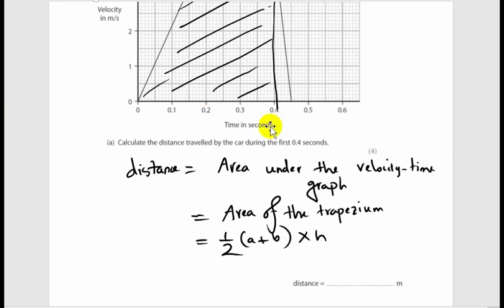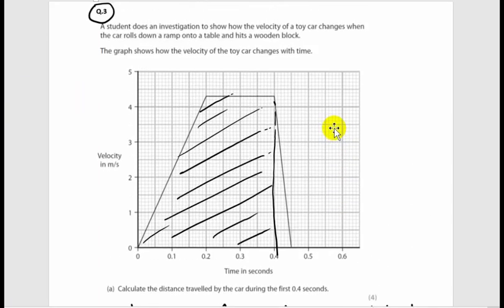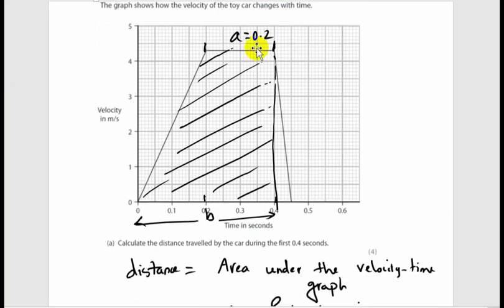So here a is this portion and b is this portion. So a is 0.2, b is 0.4, and height is 4.25.